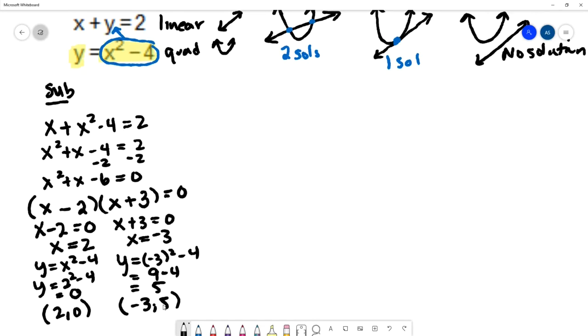So now I'll show you the same system with the elimination technique. Now with the elimination technique, you want to add the equations together. But in order to add the equations together, you need to have all of your like terms lined up. Your x's, your y's, most importantly, your equal sign, and your constants.